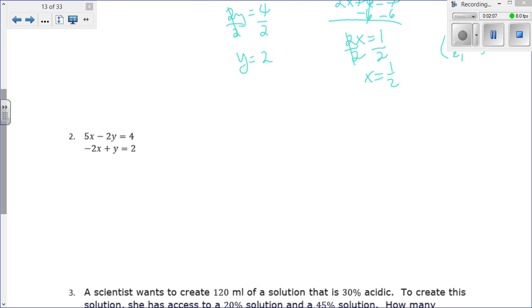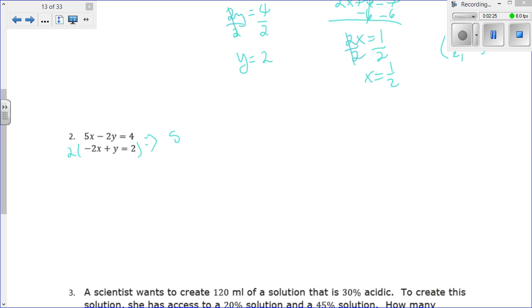Alright, for number 2, it's the same idea, except nothing will cancel out right away. So I need to multiply again. I'm going to get the y's to cancel out. And I'm going to multiply the second equation by 2.